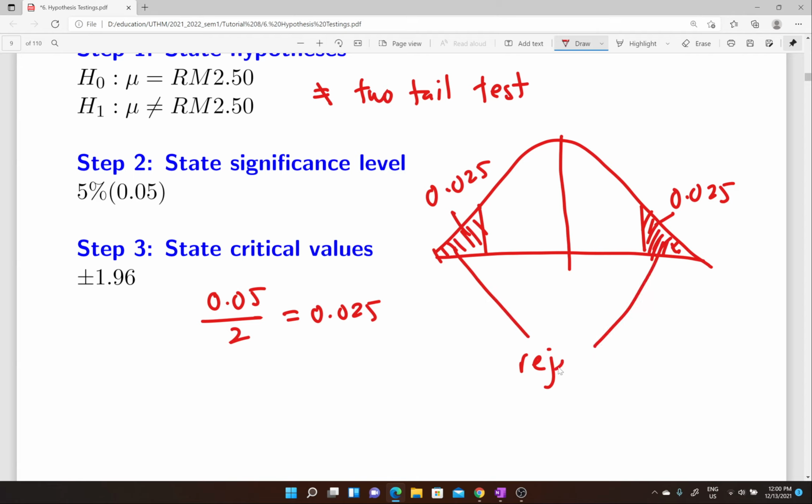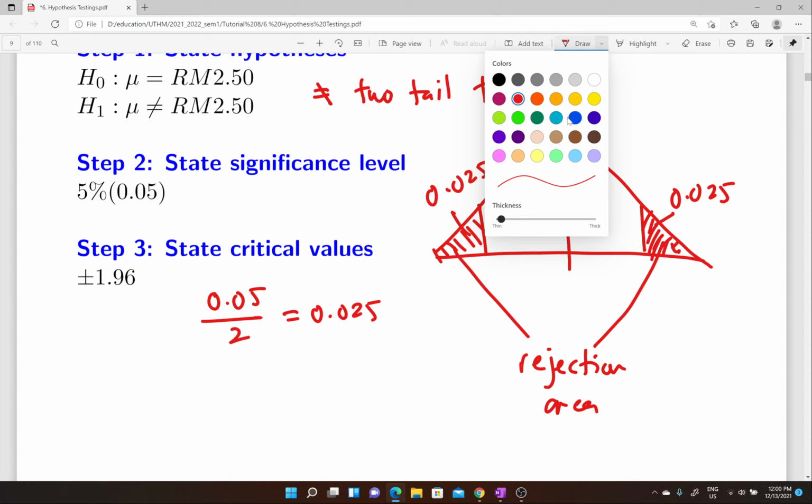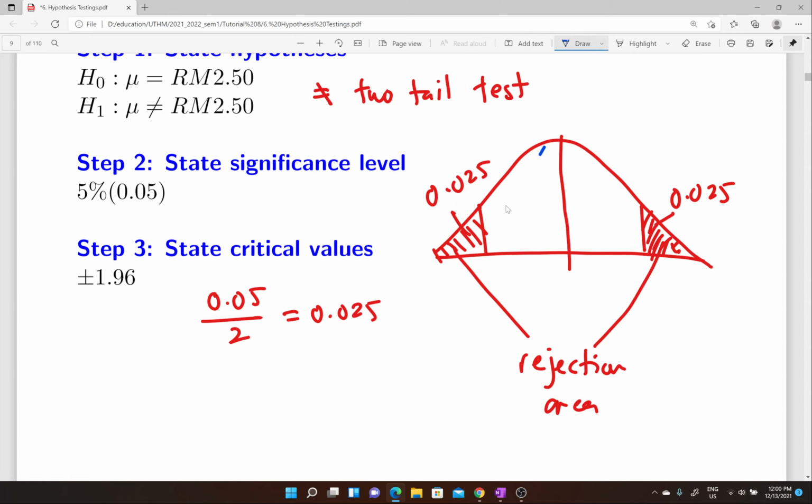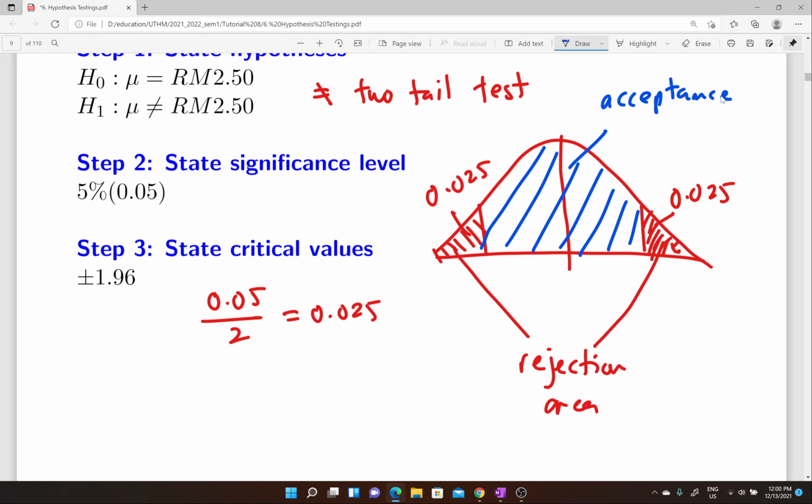This red color is the rejection area. The blue color is the acceptance area. You will get my point later on, don't worry.